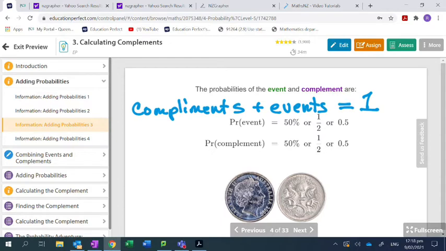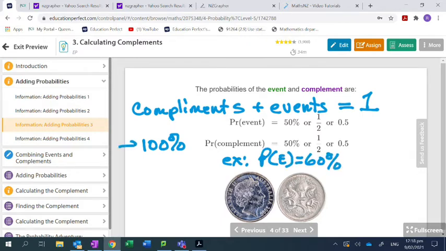So if that's true, then if I know the probability of something happening, then I can easily find the probability that it's not going to happen. Because if you think of it in percents, for example, what is the probability of something definitely happening? 100%, right? And what if I say, for example, the probability of an event is 60%?